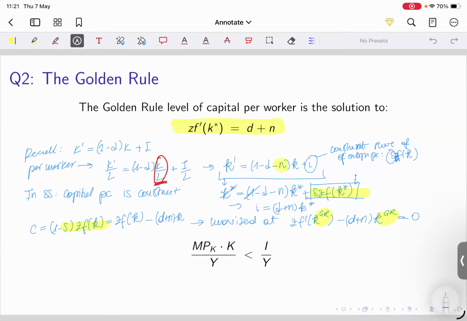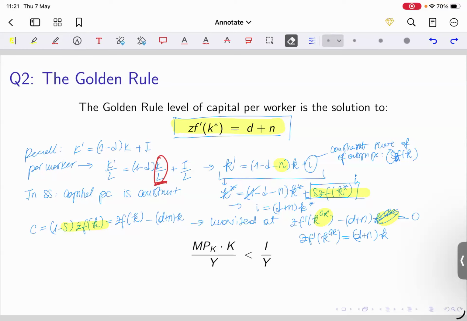Now, how are these two related? You can rearrange this to get exactly the golden rule that we have at the beginning. Oh, sorry, this is a typo, of course.